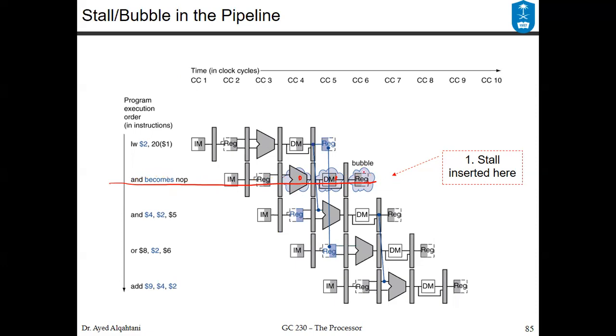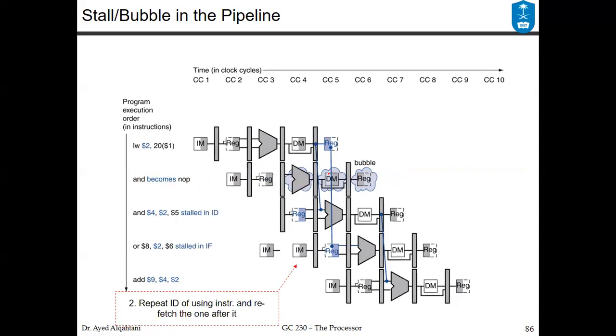We inserted the stall this way. And the second point, you notice that we repeat the ID for the using instruction and refetch the one after it as well, resulting in a new fetch right here. So the fetch that was supposed to be here is no longer here. It is now here. And this way you have a bubble.